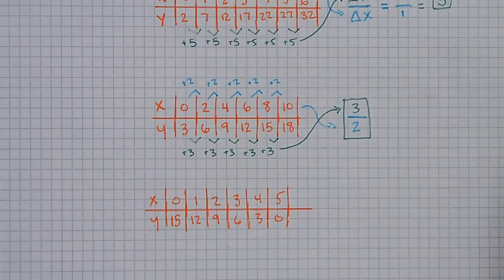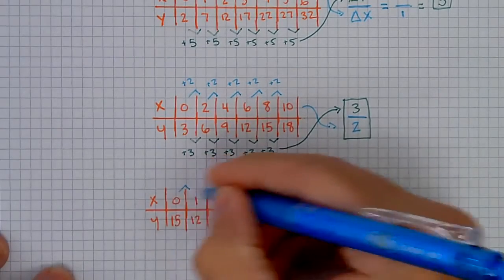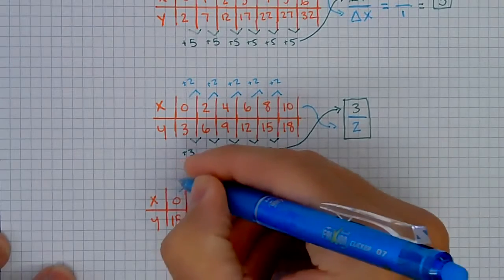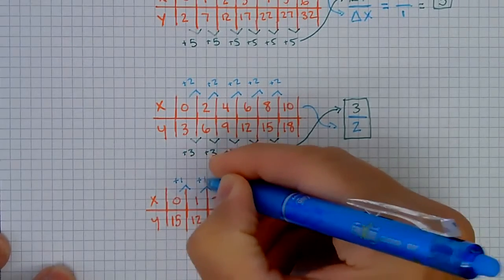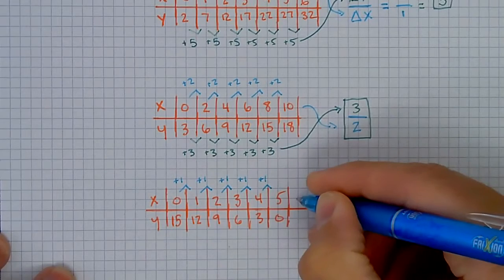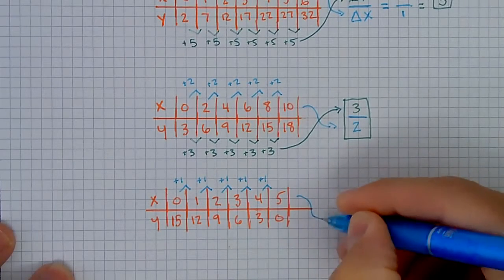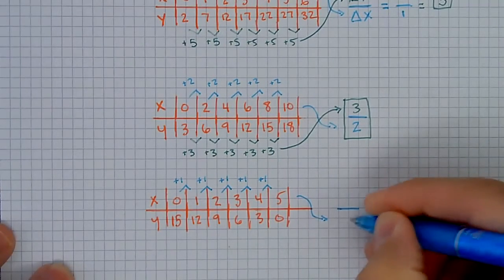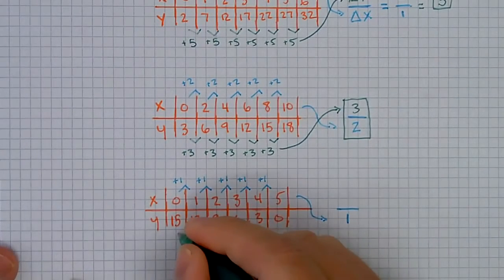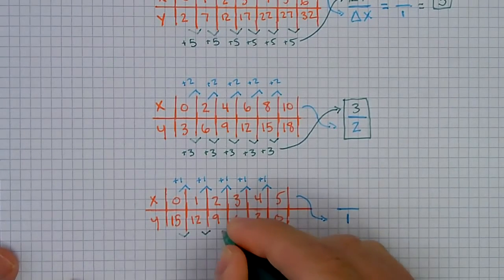Again, a little different on this one. As we increase in our x values, we're increasing by 1. But notice what is happening with our y values. They are not increasing, they are decreasing.